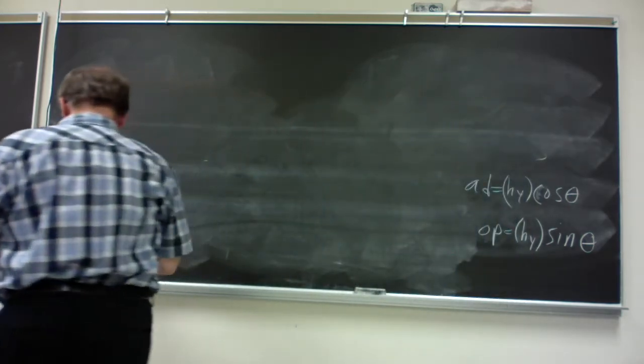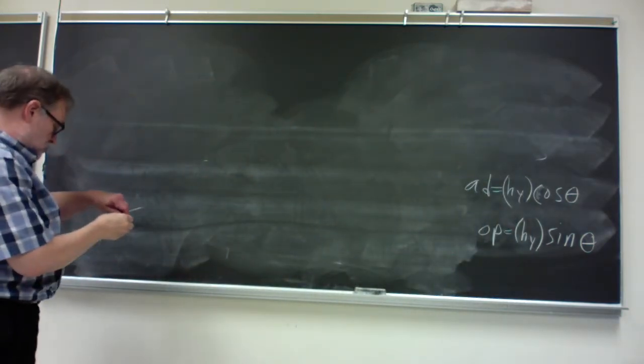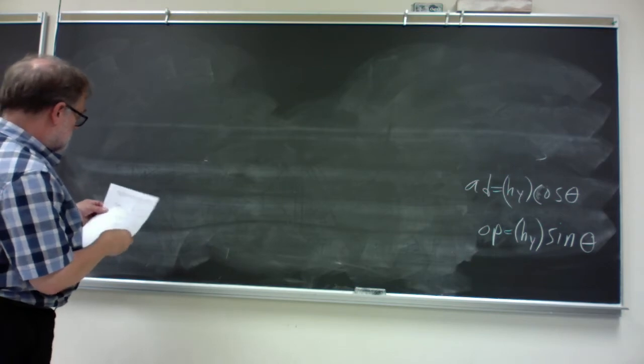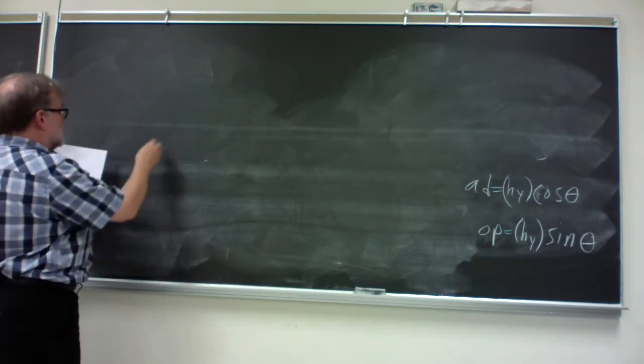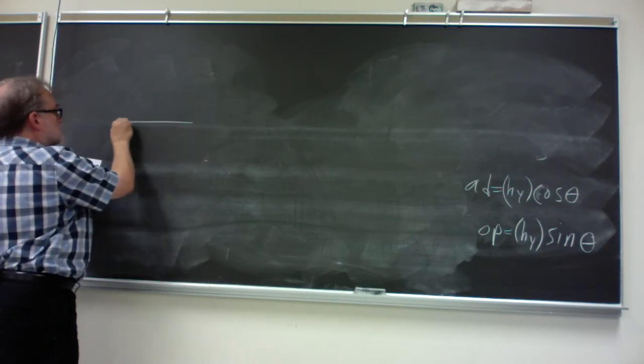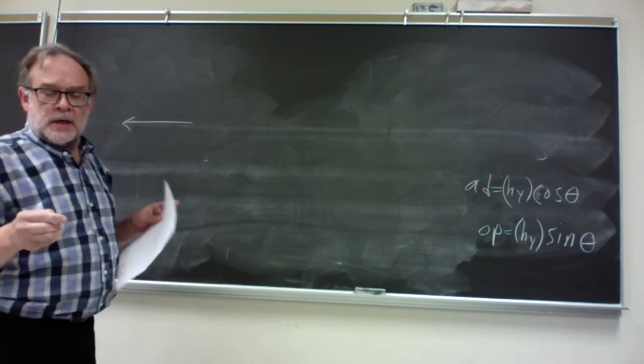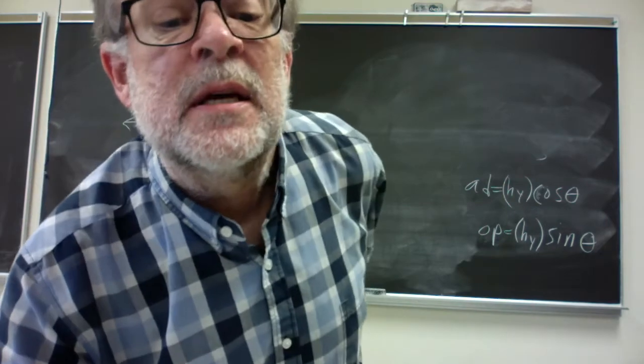So let's say we have a vector whose components are like this.